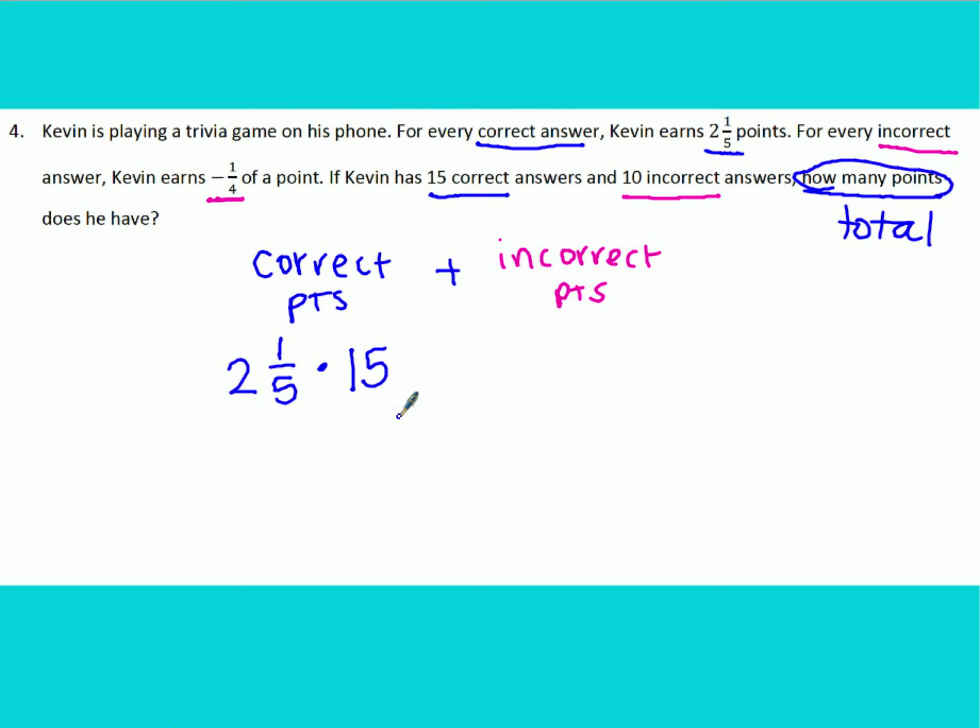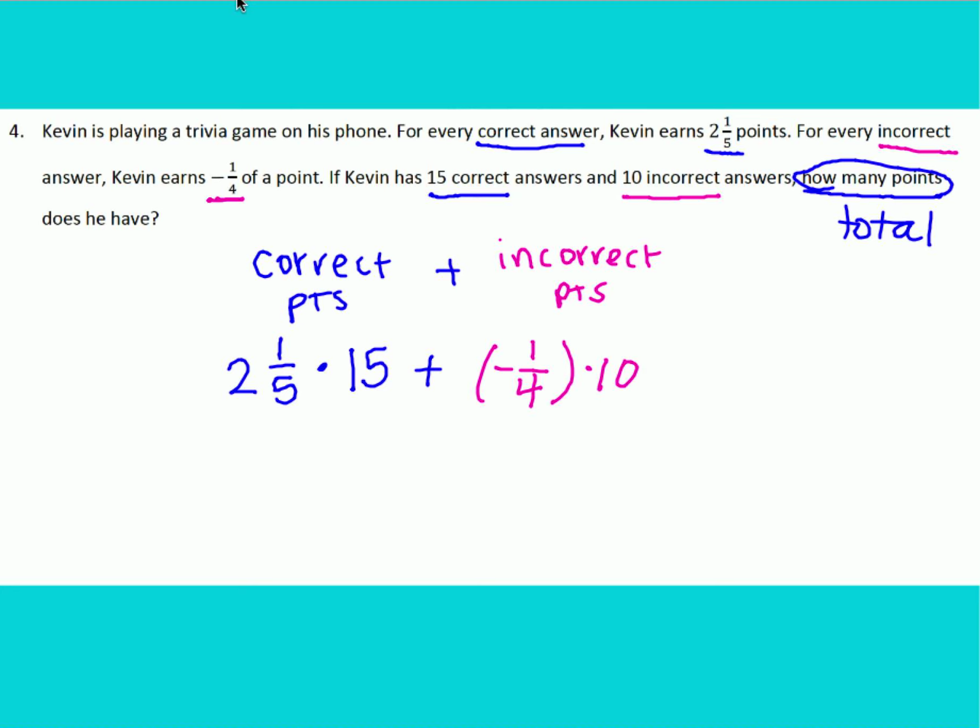So that was 15 correct answers. And then we're going to add that to his incorrect points. For every incorrect answer that Kevin has, he has negative 1/4 points, and he had 10 incorrect answers. So we're going to multiply that by 10.